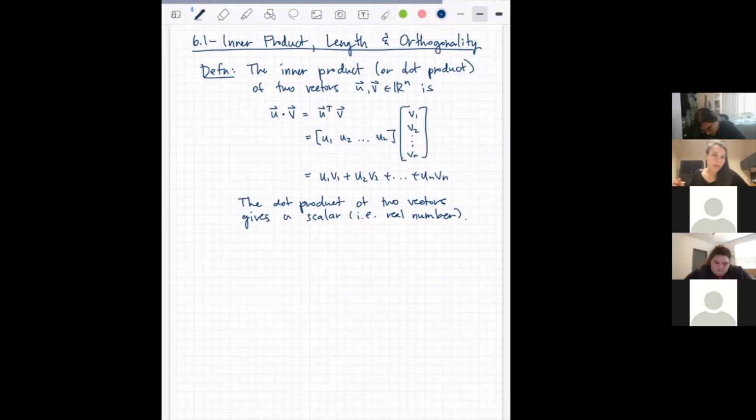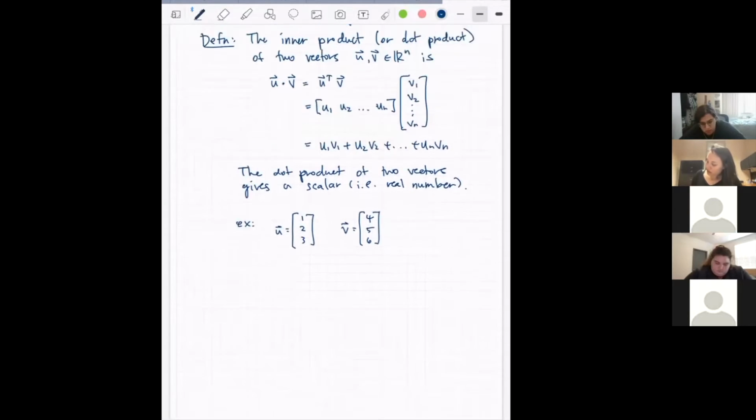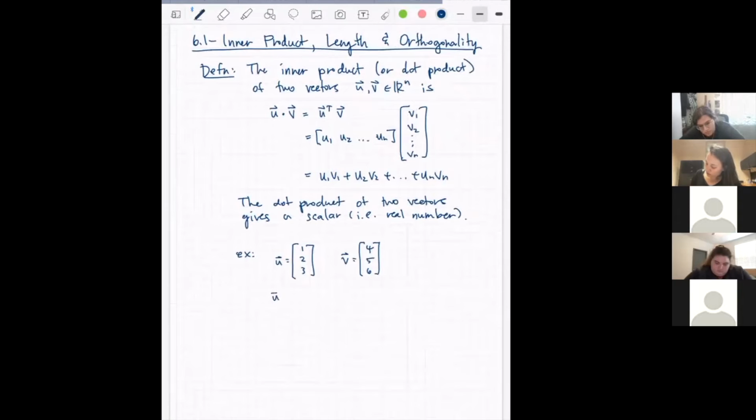Okay, so let's just do a quick example. If u is equal to 1, 2, 3, and v is equal to 4, 5, 6, then u dot v is going to be where we just multiply the corresponding entries.